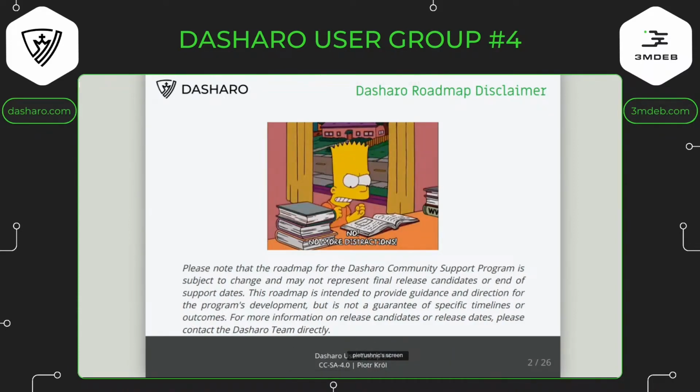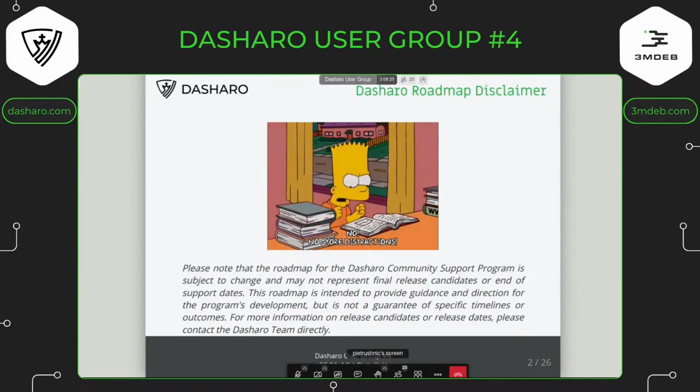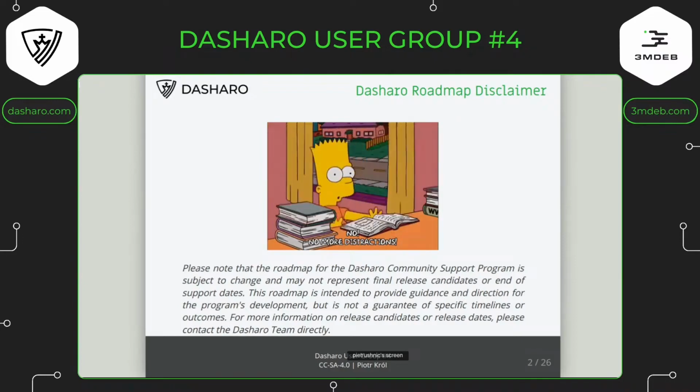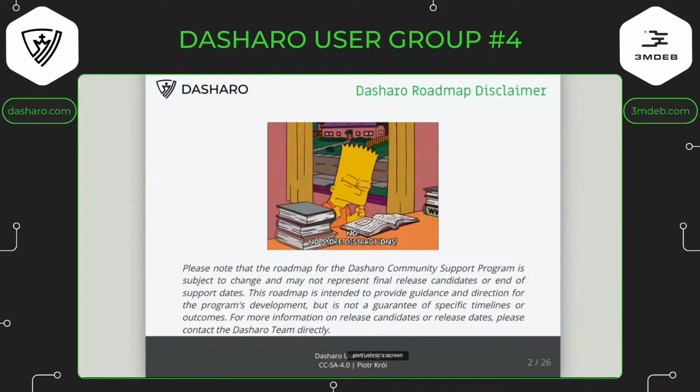Because of that, sometimes this roadmap shifts. So you should not rely on this roadmap to make any commitments or anything that is related to business, because this is just a community roadmap, and maybe it will happen if we have time, and maybe it will be shifted.